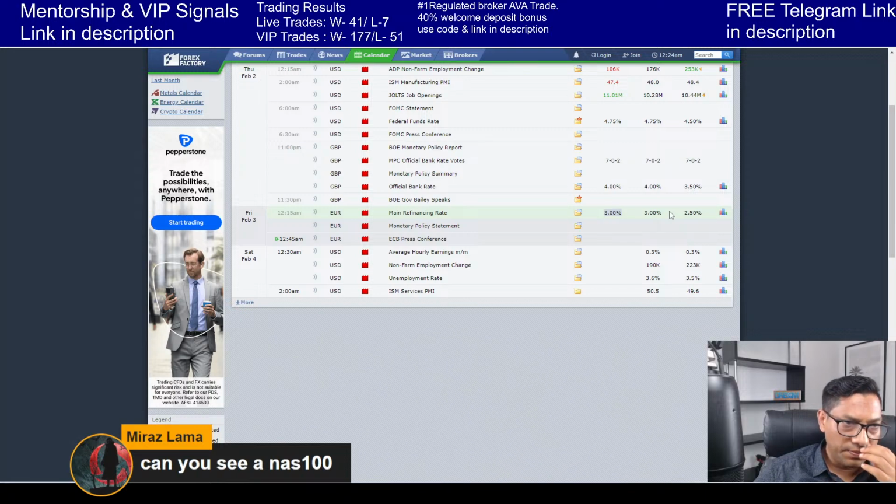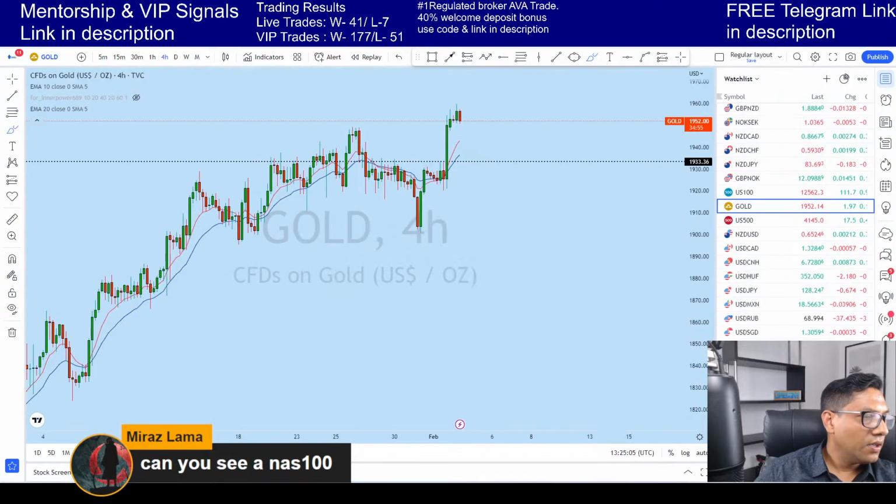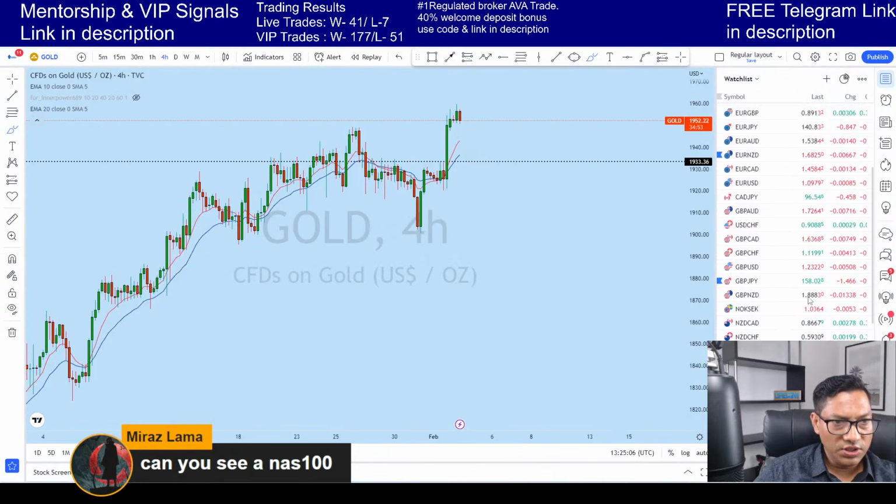So there is no difference between the actual and forecast, so there may not be much movement or effect. But let's see EURUSD.